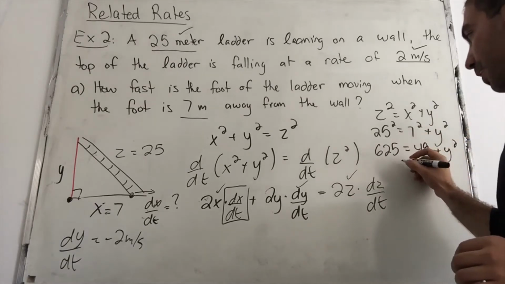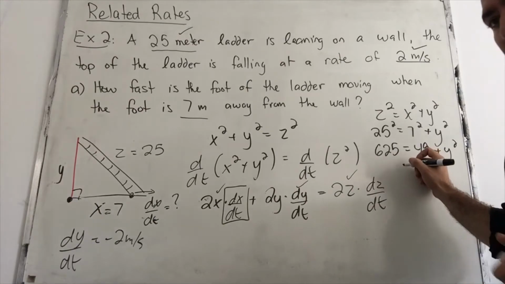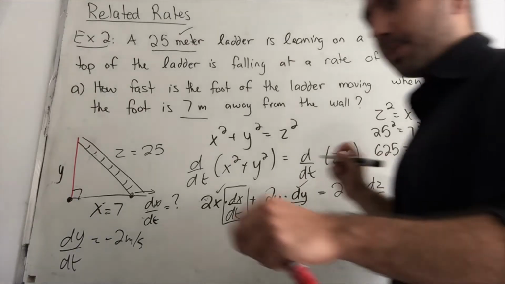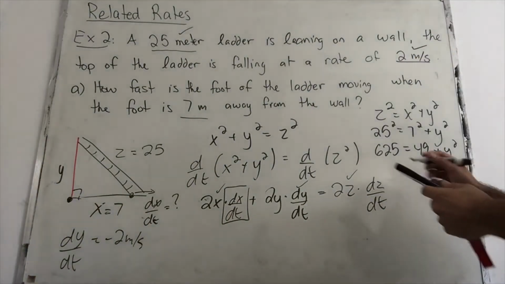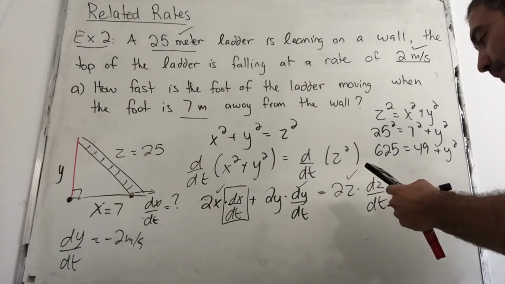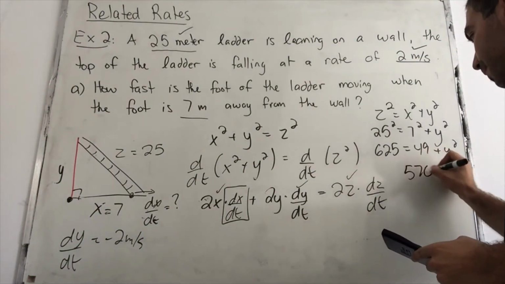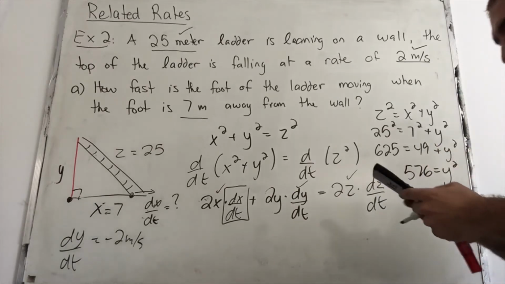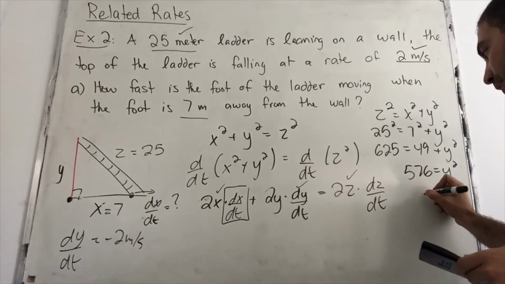Subtract over the 49, giving us, let me take my calculator, 625 minus 49, we get 576. That's equal to y squared, and then square root, giving us 24.